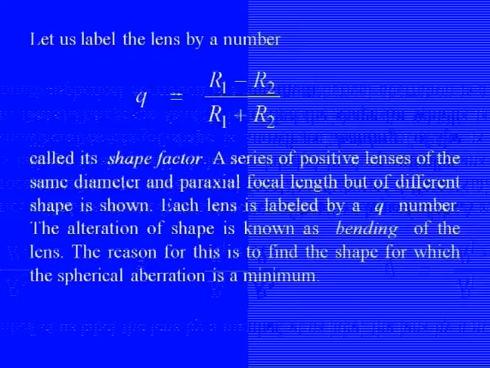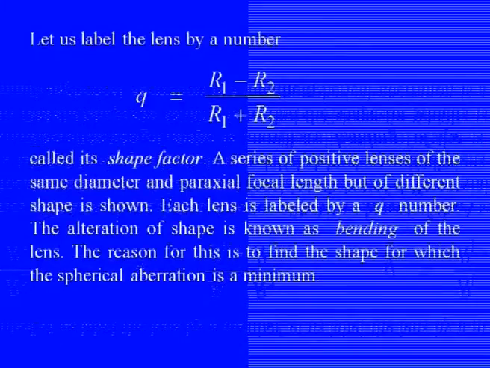We are making a comparison of lenses of different shape factors, different combinations of R1 and R2, of the same size and the same paraxial focal length, but of different shapes. We consider these. Each lens is labeled by some value of q that we show now in the next figure.